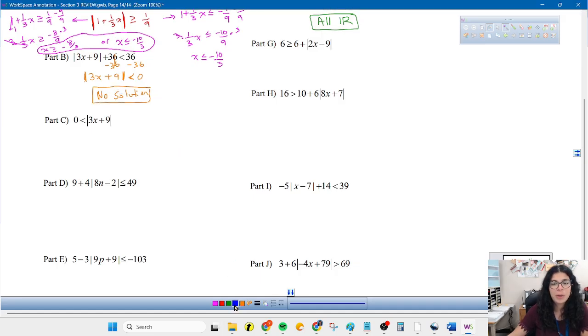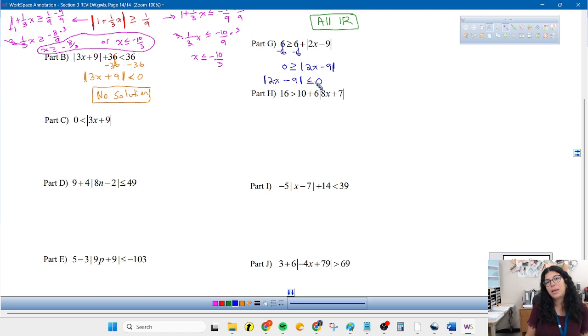Okay, let's do part G. So on part G, I'm going to go ahead and subtract 6 on both sides. So I have 0 is greater than or equal to the absolute value of 2x minus 9. And I find it to be a little bit easier to think about the numbers if you put your absolute value on the left. Because remember, your variable really needs to be on the left in order to read the inequality properly. So this distance, no matter what I get here, is going to be less than or equal to 0.